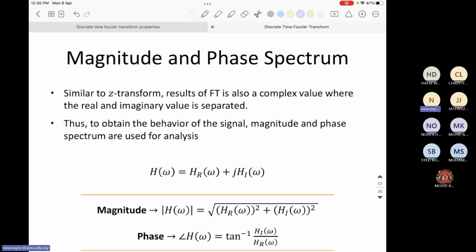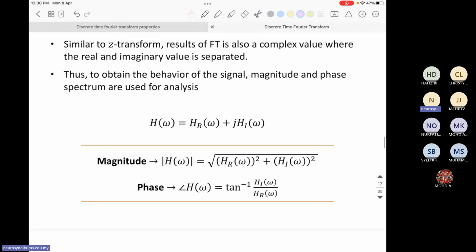So the magnitude and phase we can find out with this formula. The Fourier transformed signal has a real part and an imaginary part. So I will say the real part is HR of omega, for real, plus j times the imaginary part, HI of omega, where again the index is omega. Now, if I want to find the magnitude of H of omega, it is equal to the square root of the real part squared plus the imaginary part squared.